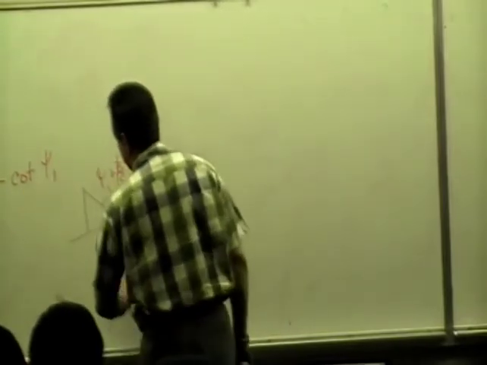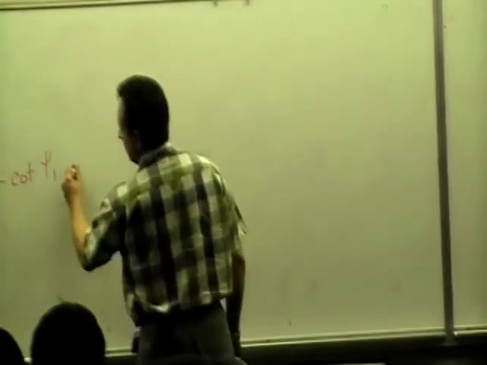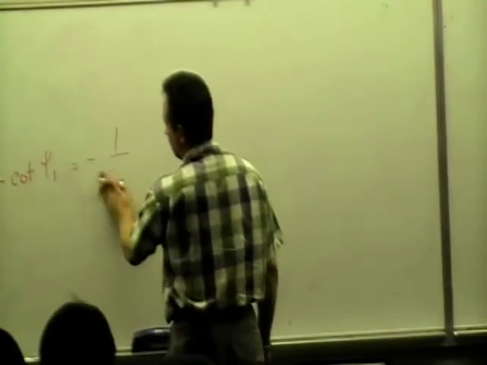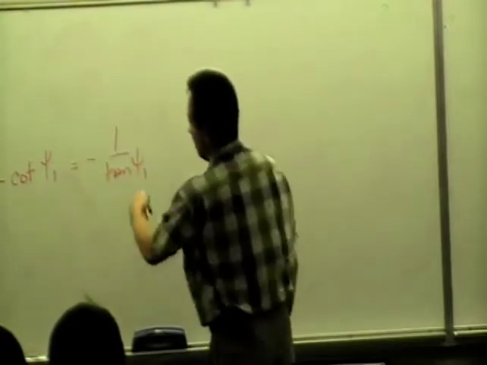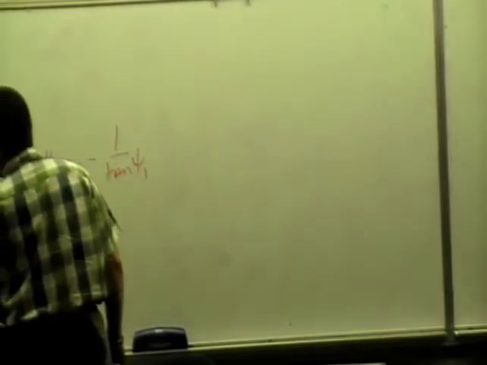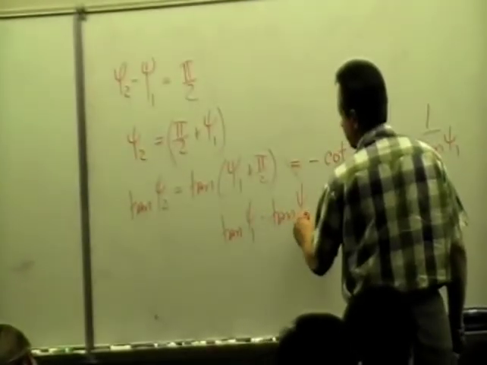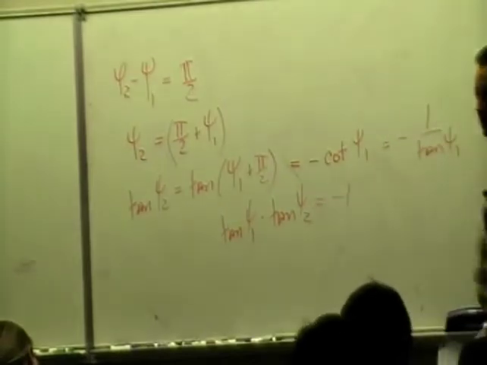Which is equal to a negative 1 over the tangent of psi 1, which then I can move to the other side and get the tangent of psi 1 times the tangent of psi 2 equaling a negative 1.